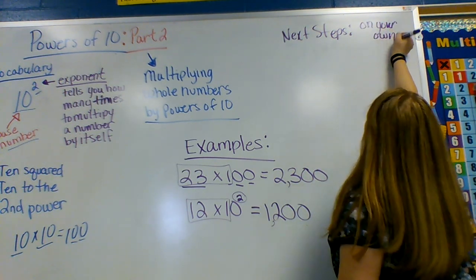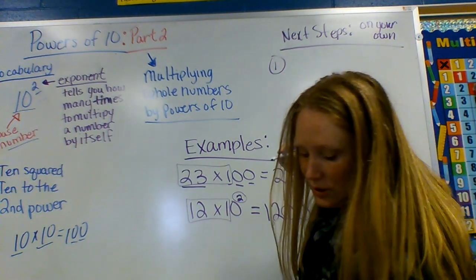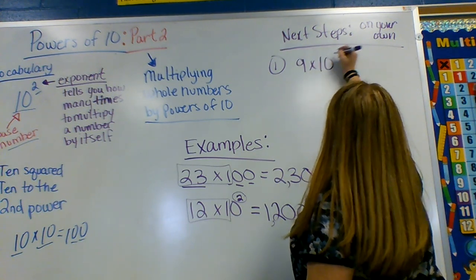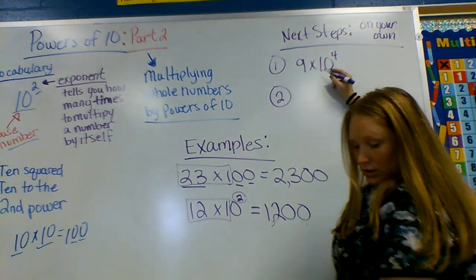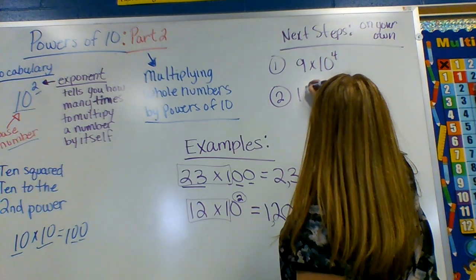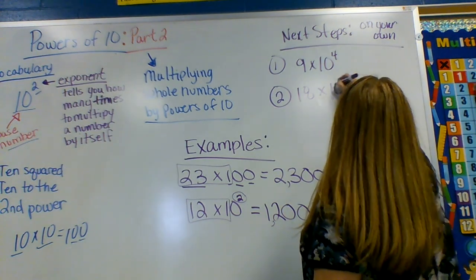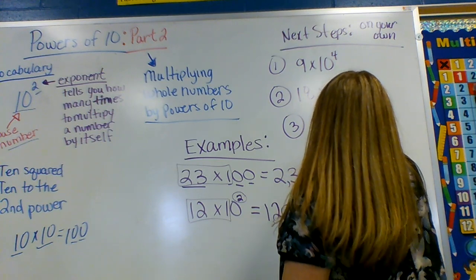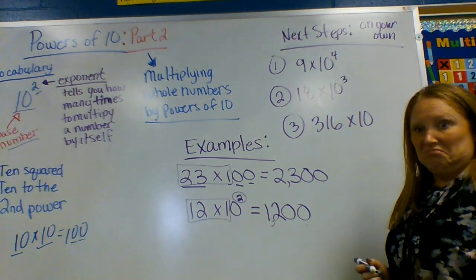Your first one is going to be 9 times 10 to the 4th power. Next one is 18 times 10 to the 3rd power. And number 3, 316 times 10. That's it.